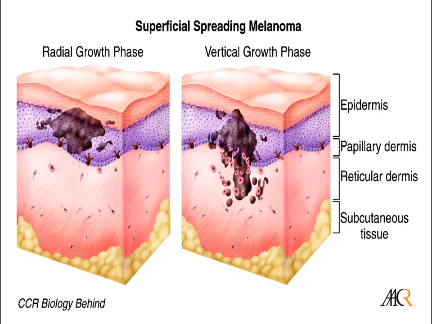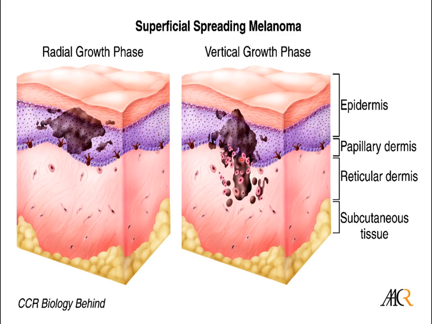But in the vertical growth phase, there is extension of the malignant melanoma cells downwards into the dermis, forming a nodule, and the component is both epidermal and dermal.